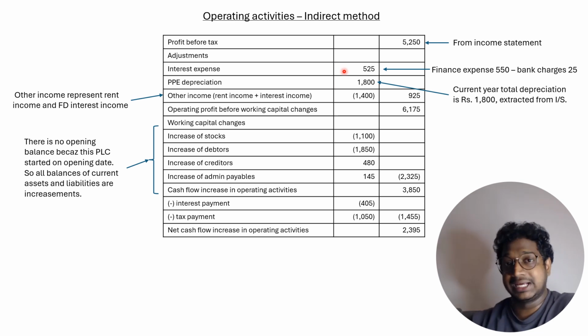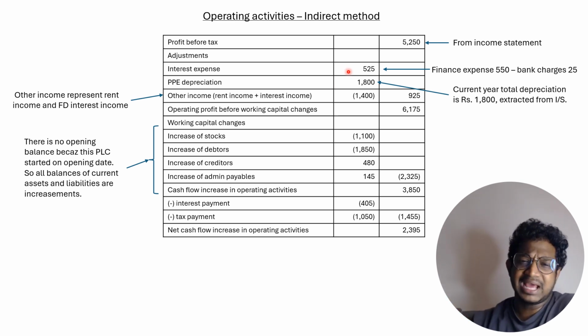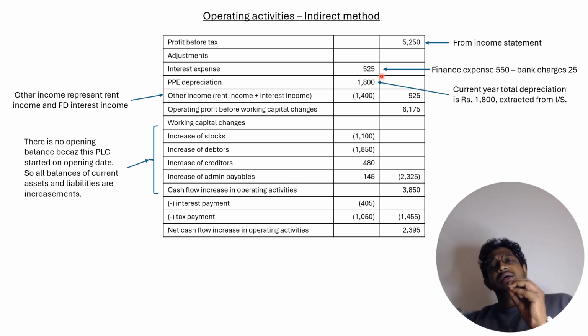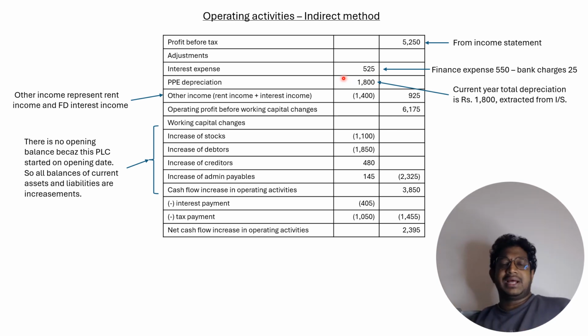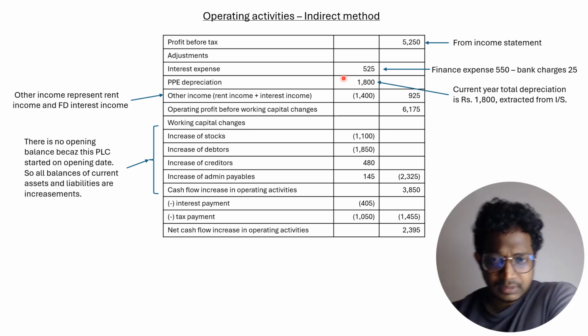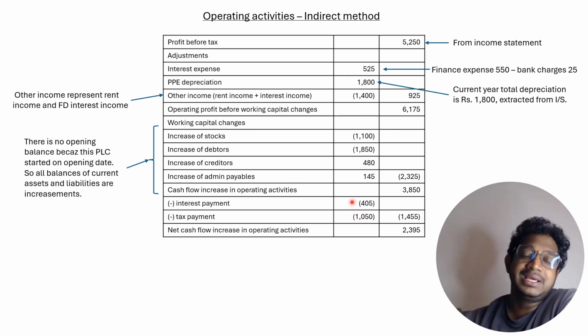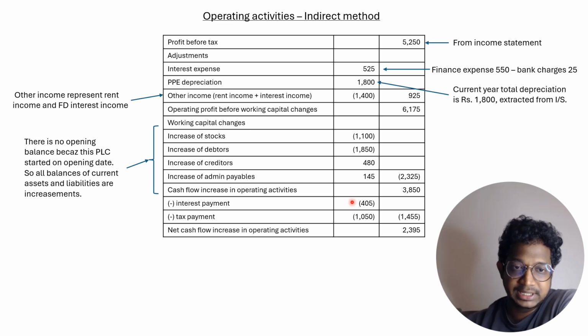So you have to add that to reverse that entry. Keep in mind, under adjustments, you add the interest expense that you recorded in your income statement, and you deduct from here the amount that you actually paid for interest in cash, right?